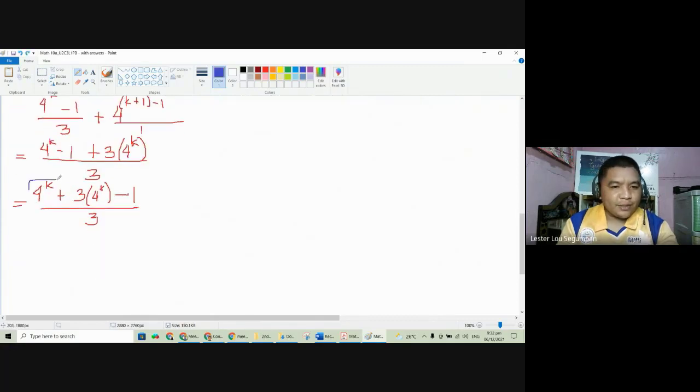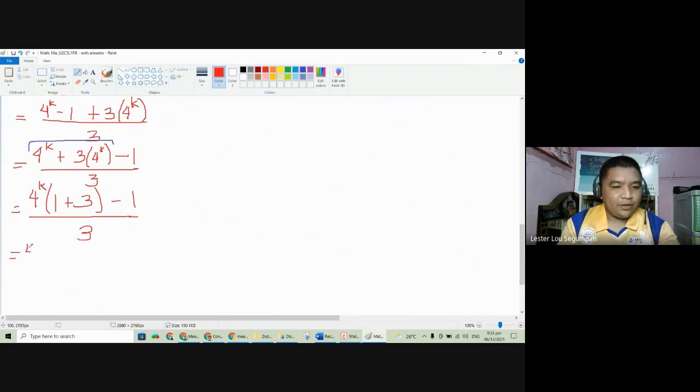Because for these two expressions here, there is a common factor of 4 to the power of k. So we'll have 4 to the power of k times the common factor. What's left here is 1 because we factored that out, plus 3. We have not entertained the final expression here yet, so let's just leave it as it is.